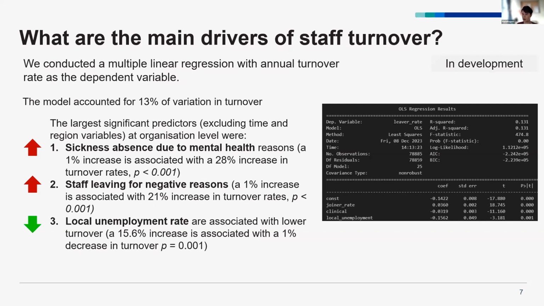Another factor which I was aware of from the literature, local unemployment rates. So organisations in areas that have higher local unemployment rates tend to have lower turnover rates because naturally there's less opportunities for staff to leave too. So it's not exactly a positive reason for turnover rates to be lower, but that's something that comes out of the model.